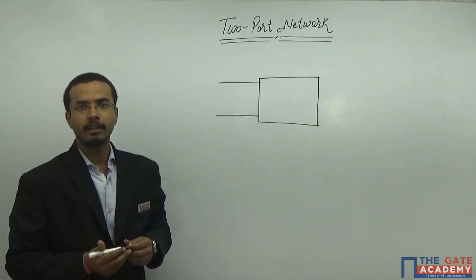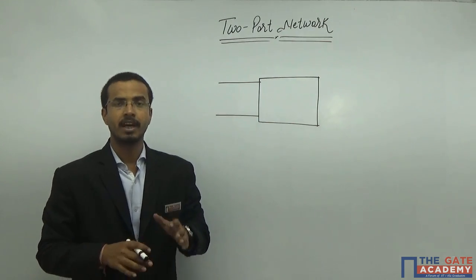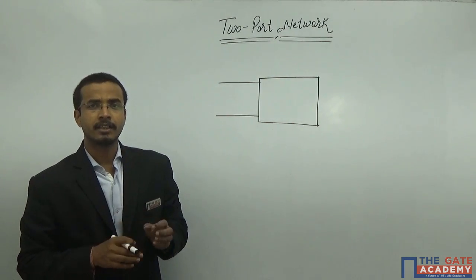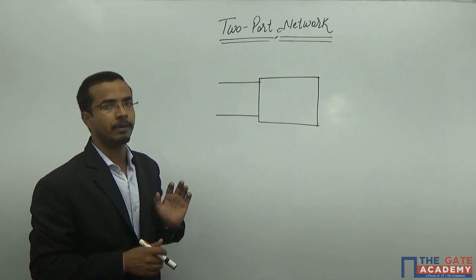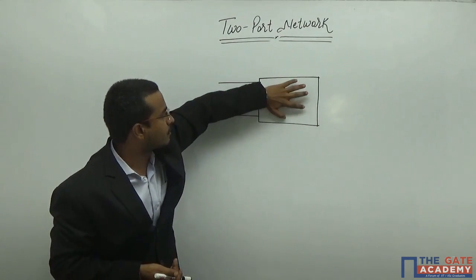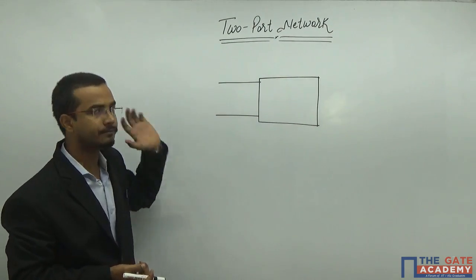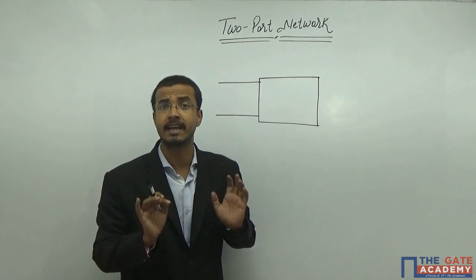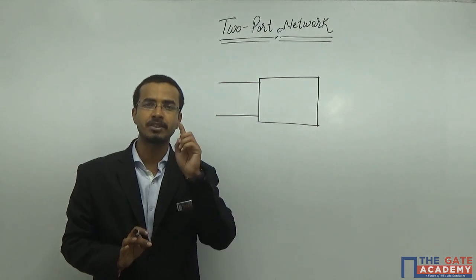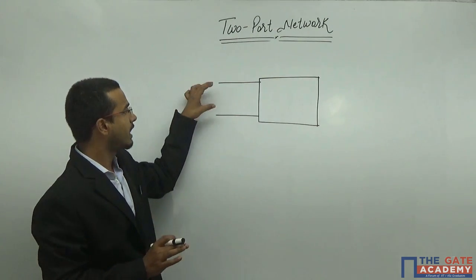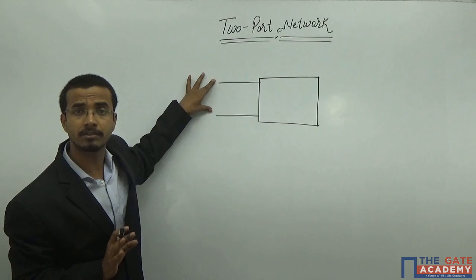Now, generally, the tendency of most people is, if they see this particular black box with two wires, they claim that it is the port, which is not exactly right. Because there are certain conditions to claim any pair as a port.